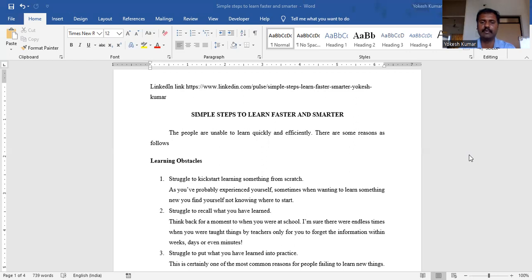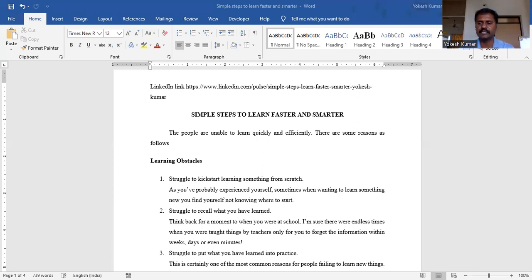When you think back about your school days, I am sure there were endless times when you were taught things by the teachers, and probably you'll forget the information delivered by the teachers even a minute before or even an hour before or a day before. When the teacher enters the next class, they will recap the things they handled, but probably it is very difficult to recall all the things.